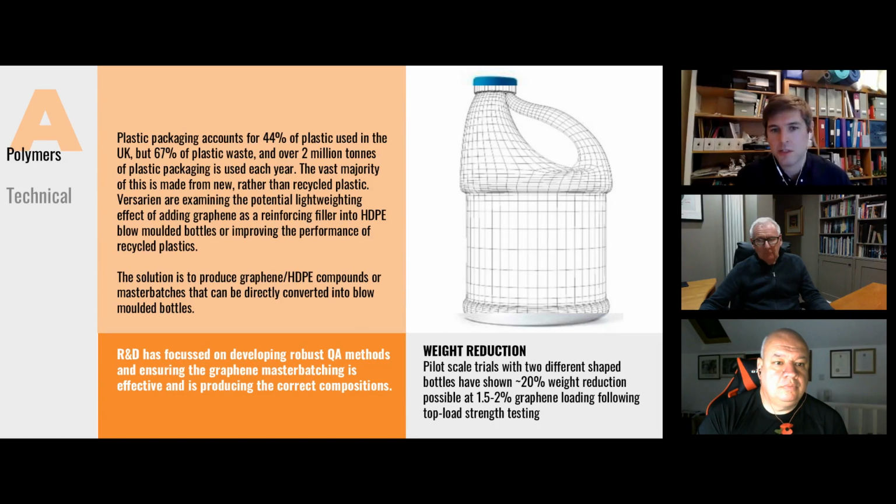And also we need to make sure that when we add graphene to plastics, they can still be processed using conventional equipment and injection molding machines or blow molding machines, and also then provide confidence to those downstream supply partners that graphene is not going to cause them any problems. It's going to behave in the same way as their typical plastics. So that's really interesting. And aside from these commodity plastics, we're obviously looking at higher value engineering and specialty plastics for multifunctional applications.